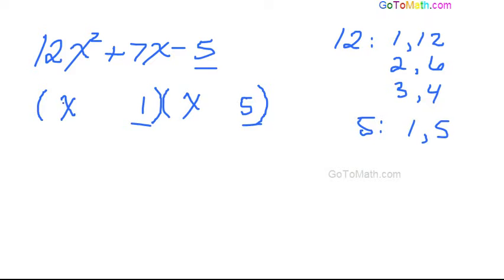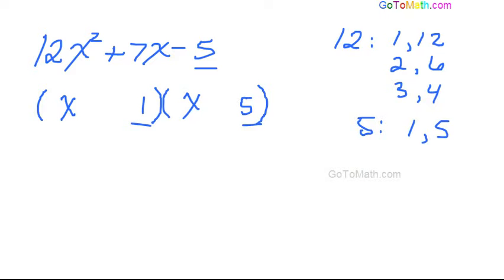Let's see. A 2 and a 6 here. So 2 times 5 is 10, and 6, the difference is 4. That's not it. What about a 3 and a 4? 3 times 5 is 15, and then a 4. That would be 11. A 4 is 20. Yeah, that's not it either.